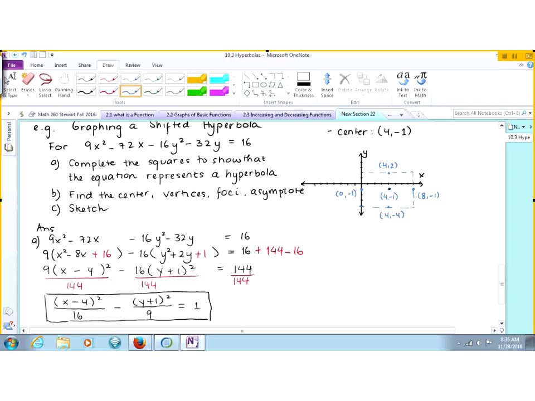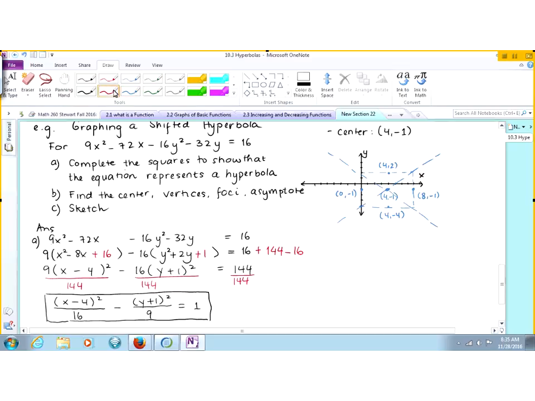Well, you connect the two opposite corners, the diagonal of your rectangle. Of course, it has to pass through the center, right? The asymptotes have to pass through the center. So we're connecting the two opposite, non-adjacent vertices.